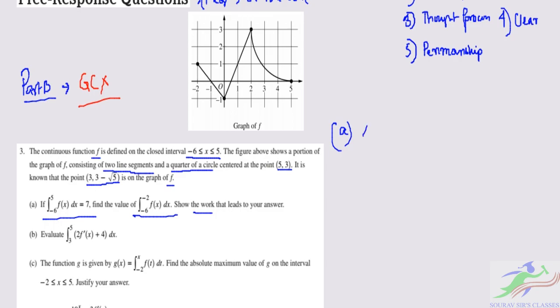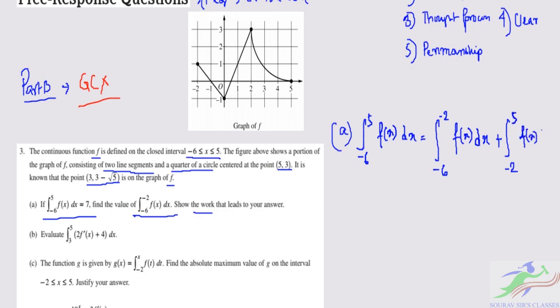We have the integral from -6 to 5 of f(x) dx, which is given, so we can write it as the integral from -6 to -2 of f(x) dx plus the integral from -2 to 5 of f(x) dx.